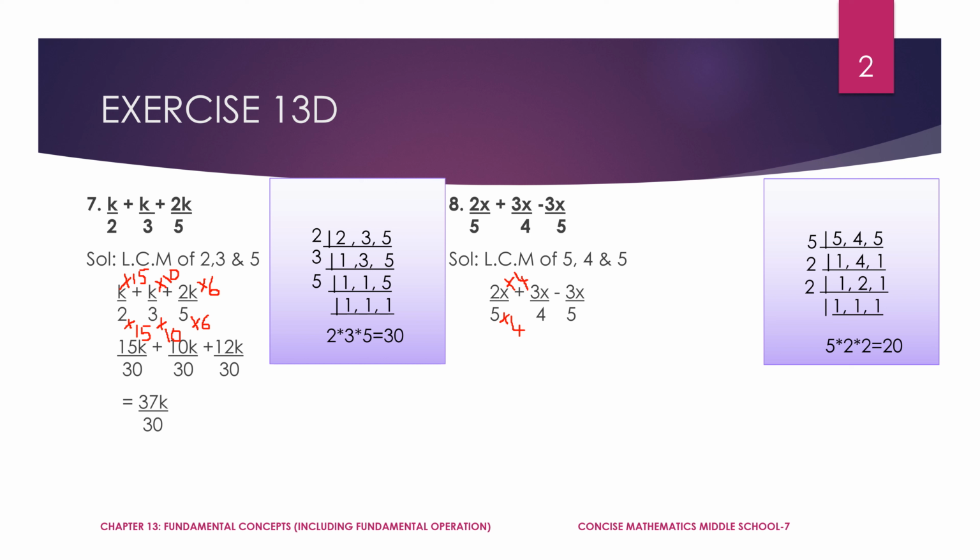Here 4 should be multiplied with 5 to make it 20, because we got LCM as 20, right? We have to make the denominator into 20. Because you are multiplying the denominator with 5, even in the numerator it should be multiplied with 5. Here to make this 5 into 20, 5 fours are 20, right? And even the numerator should be multiplied with 4.